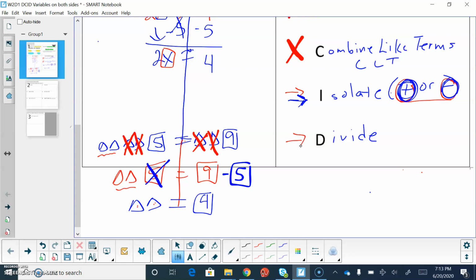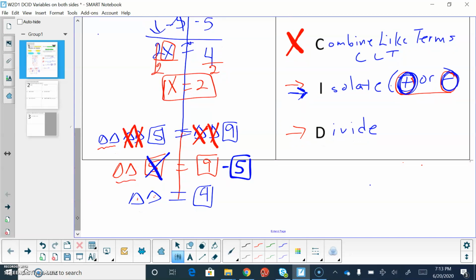We're at that last step. So I need to divide this side by the 2, and 2 divided by 2 is 1, so I have 1x left. But then I have to do the same thing on the other side. I have to divide by 2, and 4 divided by 2 is 2. So I have 1x equals 2, and 1x is the same thing as just an x, so the 1 can just become my box. So my answer is x equals 2.